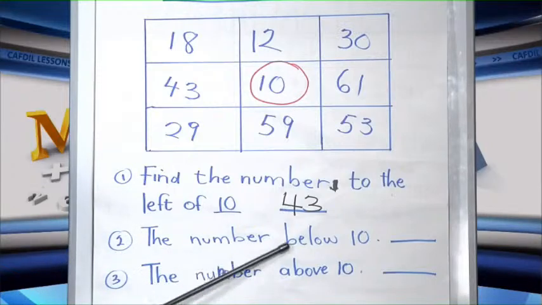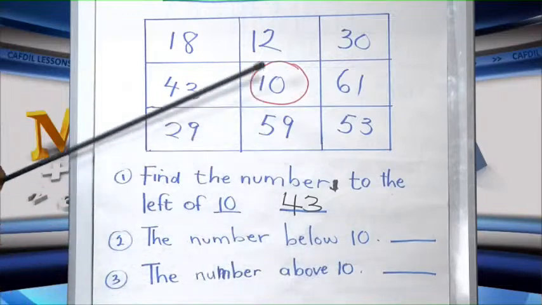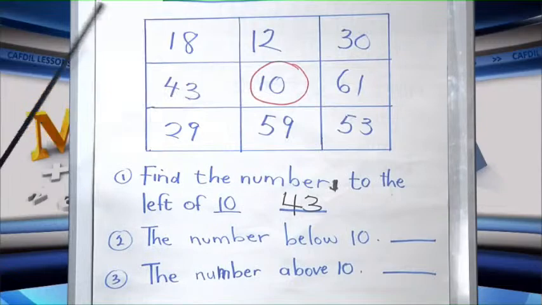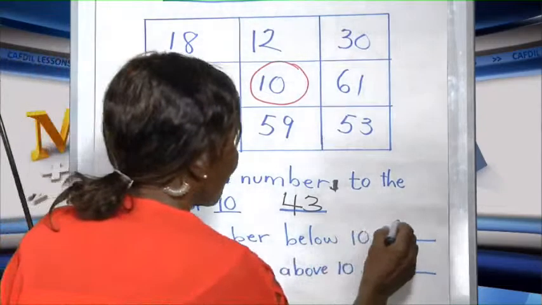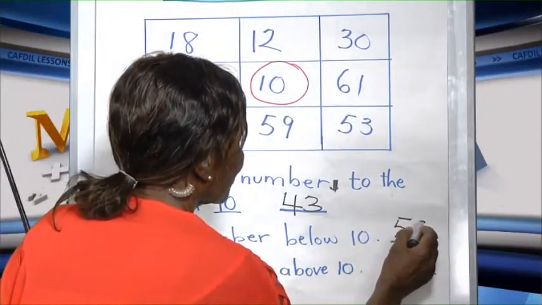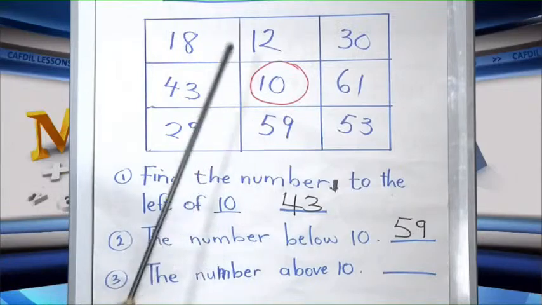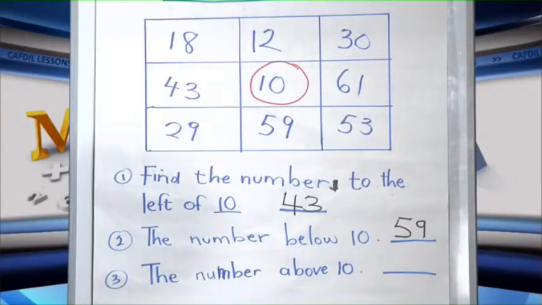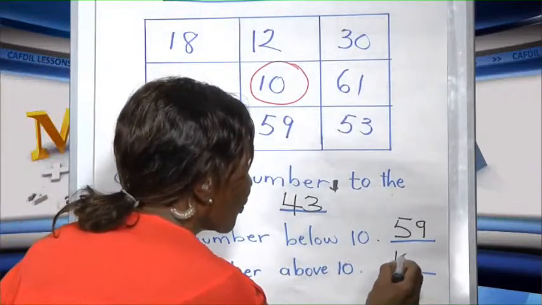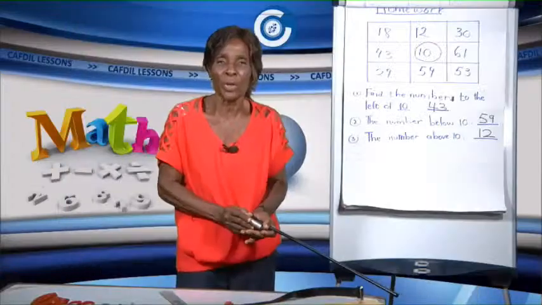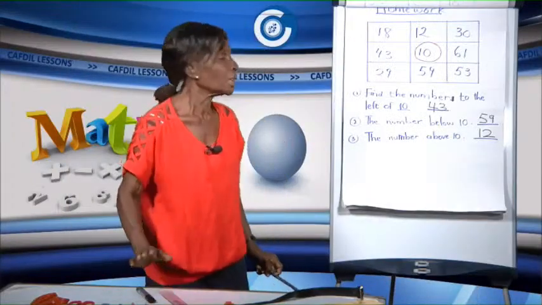The number below 10 is 59. Then the number above 10. That is 12. Good. You all did well and you gave me neat work.